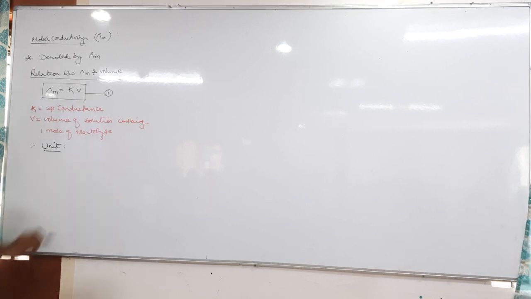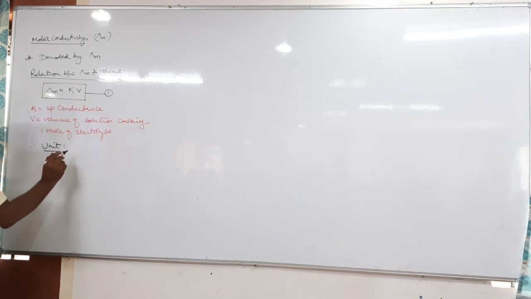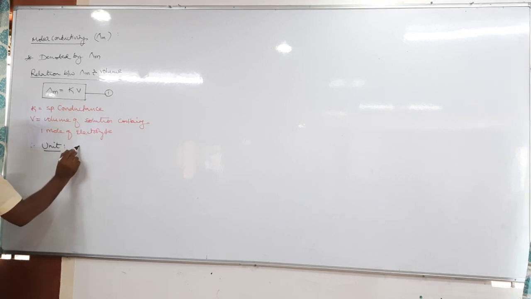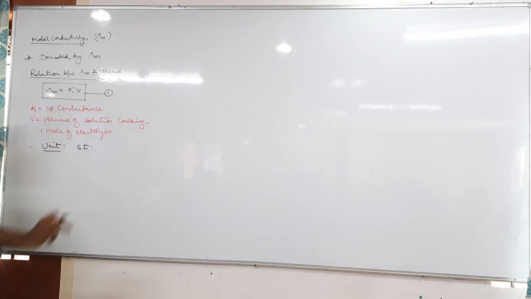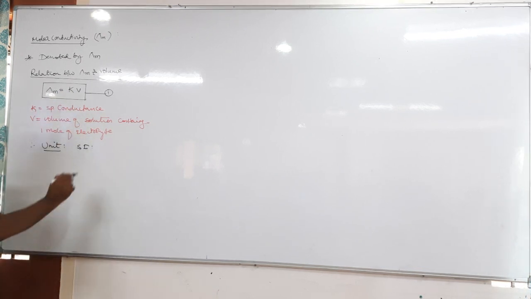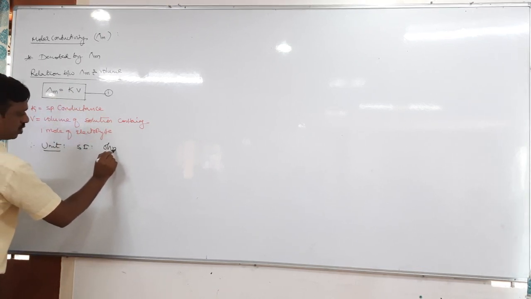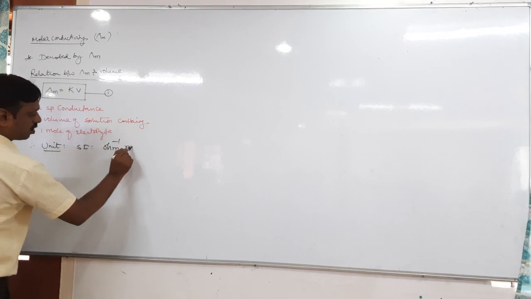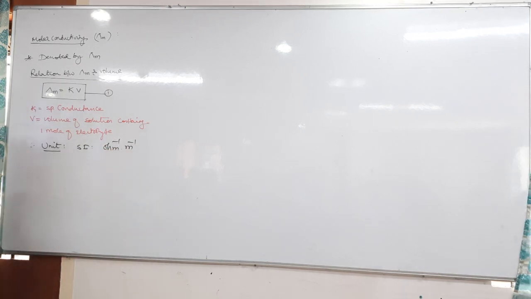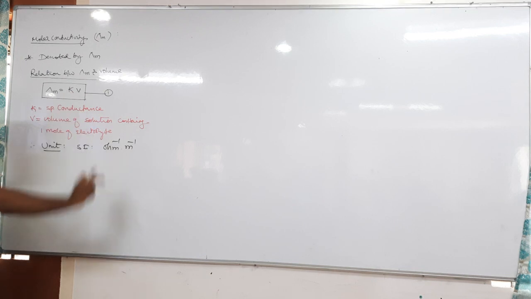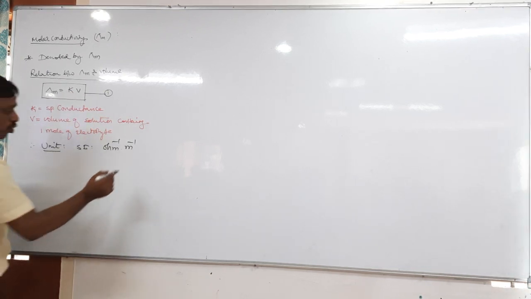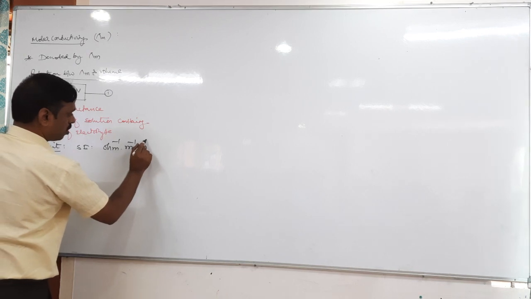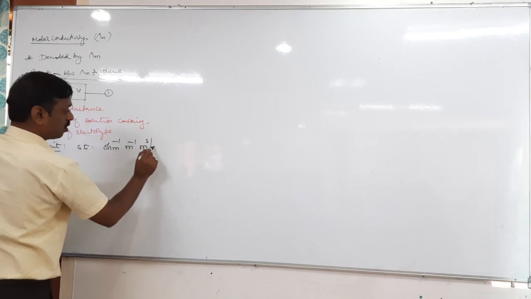What is the unit of K? It is ohm inverse meter inverse. And V, the SI unit of volume is meter cube.